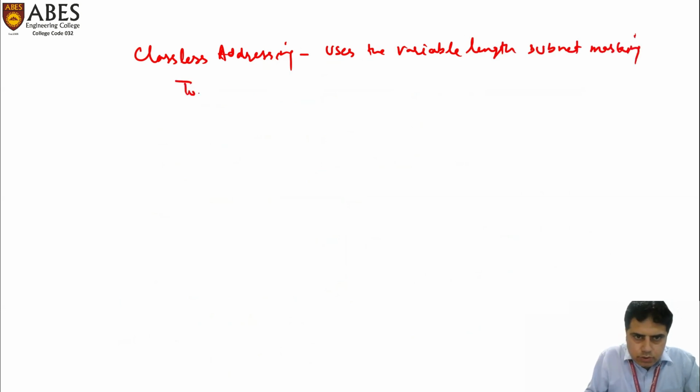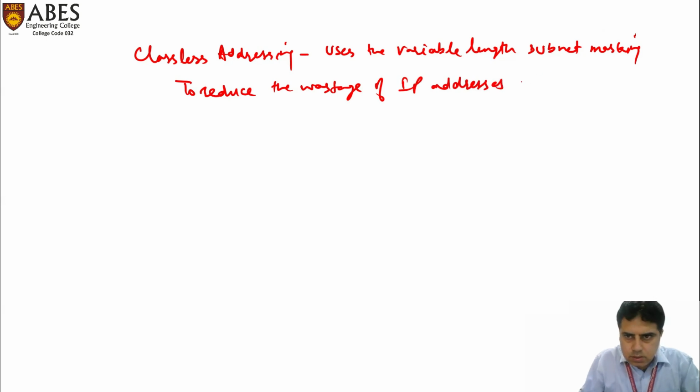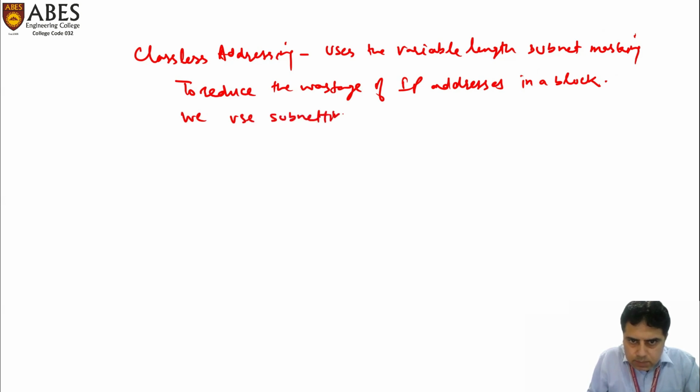This is used to reduce the wastage of IP addresses in a block. For this purpose, we use subnetting, and the concept of subnetting we will study later, and we will understand what is subnetting and how we do subnetting.